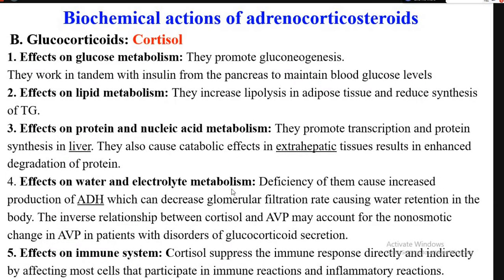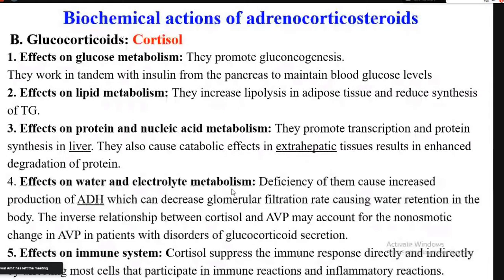So I have described the effect on glucose metabolism. Glucocorticoids promote gluconeogenesis. It digests protein and makes glucose. It is a diabetogenic hormone. It causes hyperglycemia. These hormones work in tandem with insulin from the pancreas to maintain blood glucose levels.